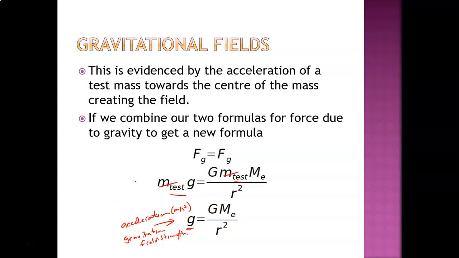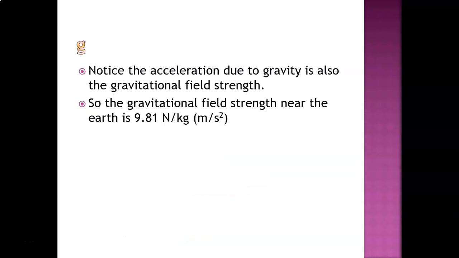And essentially, the gravitational field strength is evidenced by that acceleration, assuming no other forces are acting upon it. So, gravitational field strength near the Earth should be 9.81 if the acceleration due to gravity is 9.81 meters per second squared.